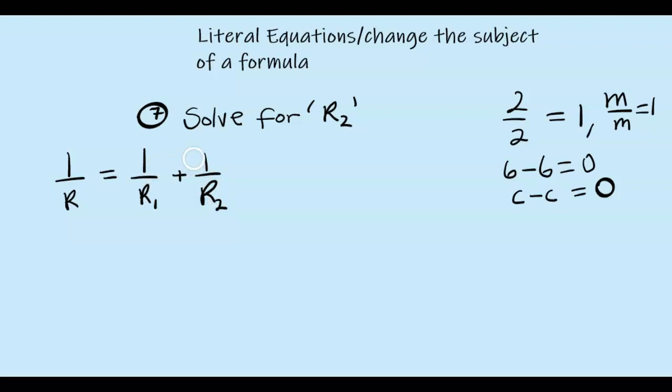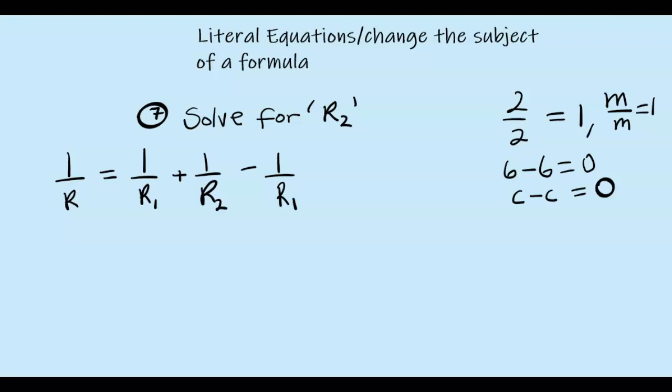First of all, this is coming as all together and is being added by 1 over r subscript 1. So we need to get rid of this. It's adding, so we are going to subtract. So we will subtract 1 over r1, and we have to do the same thing here.